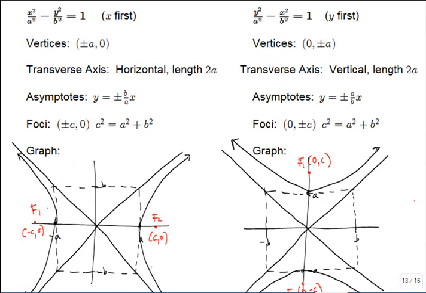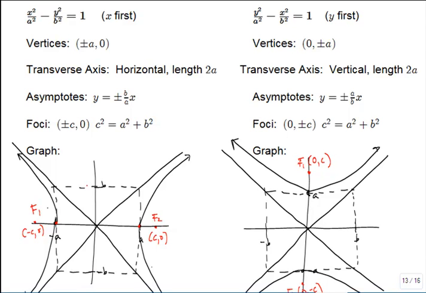So what you'll see are these two dots at a and minus a on your x-axis. Then what we do is we take the square root of the number under y, which would be just b, and those aren't going to actually be points on our graph, but we still go up b and down b.